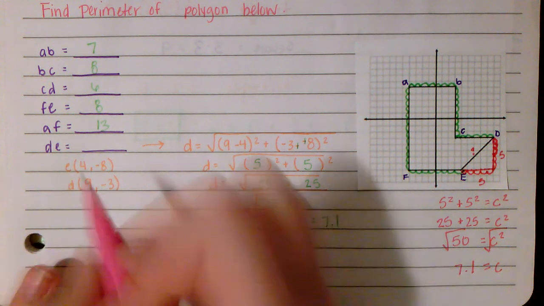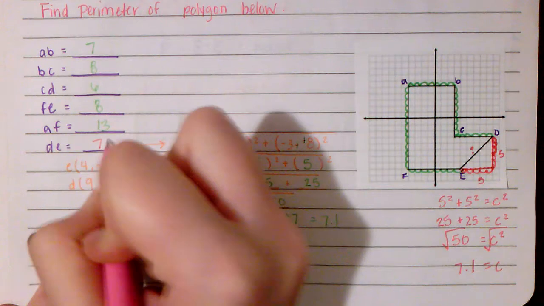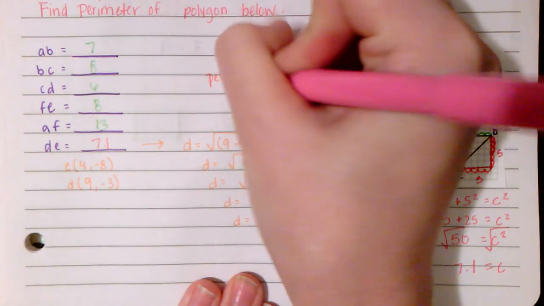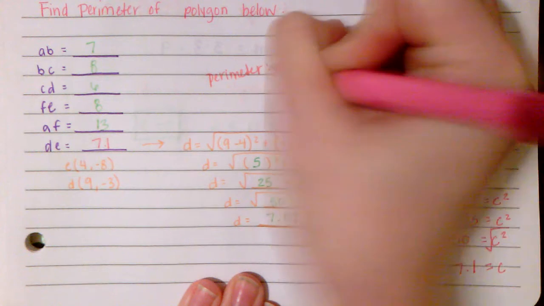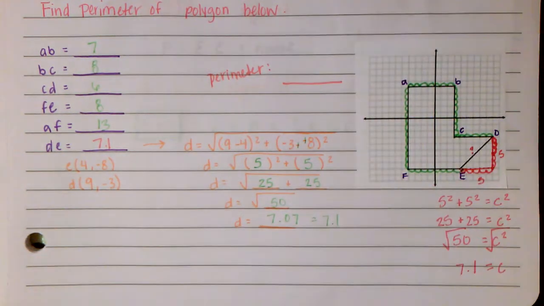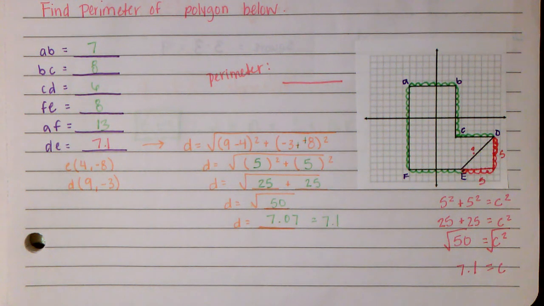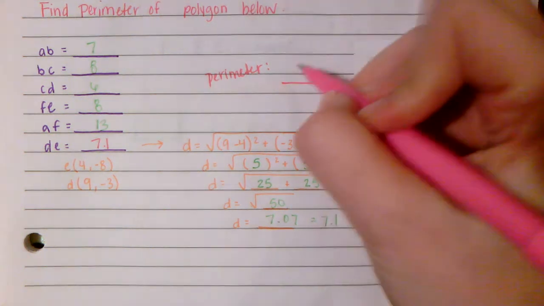So the length of this last line is 7.1, meaning our total perimeter, when we add all these numbers up in a calculator, 7 plus 8 plus 6 plus 8 plus 13 plus 7.1 is 49.1.